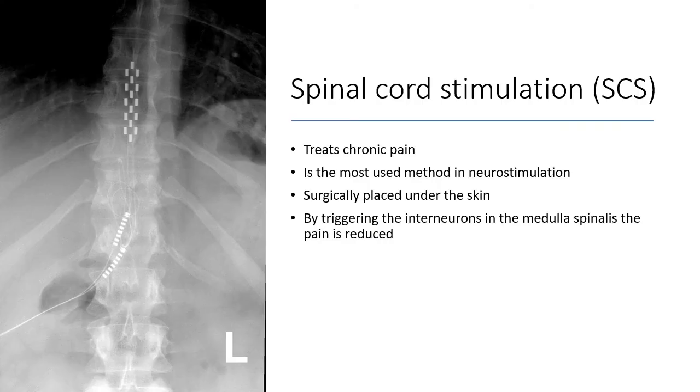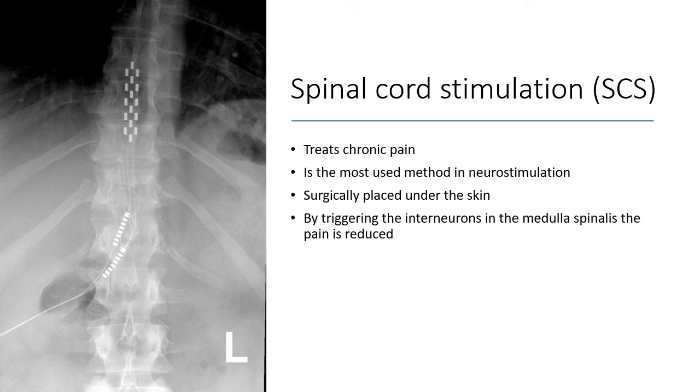Another type of therapy would be the SCS, which is short for spinal cord stimulation. This kind of therapy, in comparison to TENS, is for people with chronic pain. So when every other pain management therapy doesn't appear to work, usually spinal cord stimulation is used.